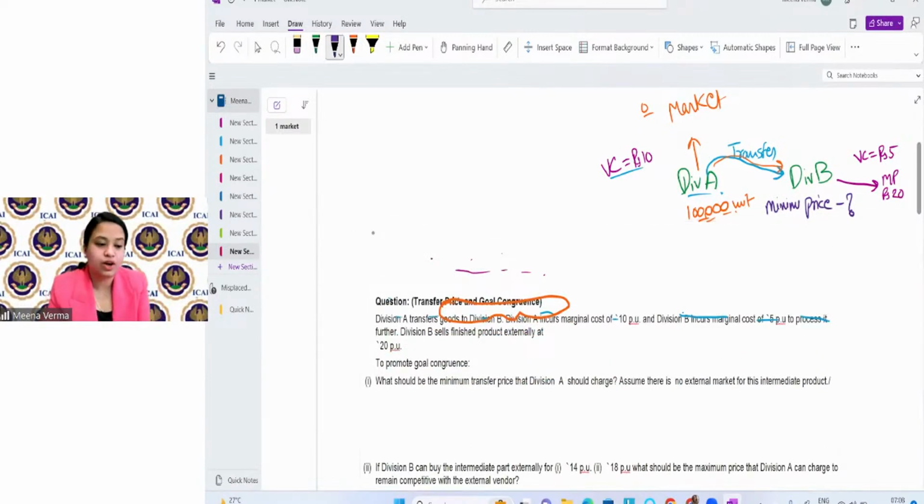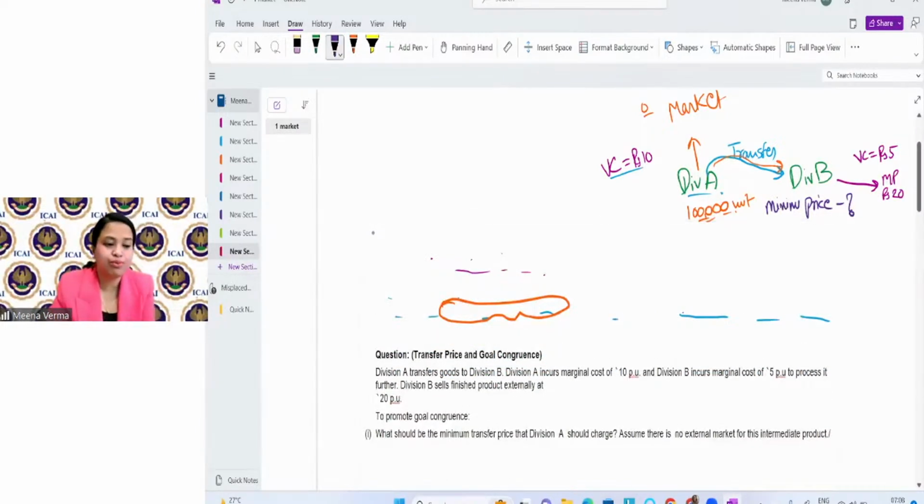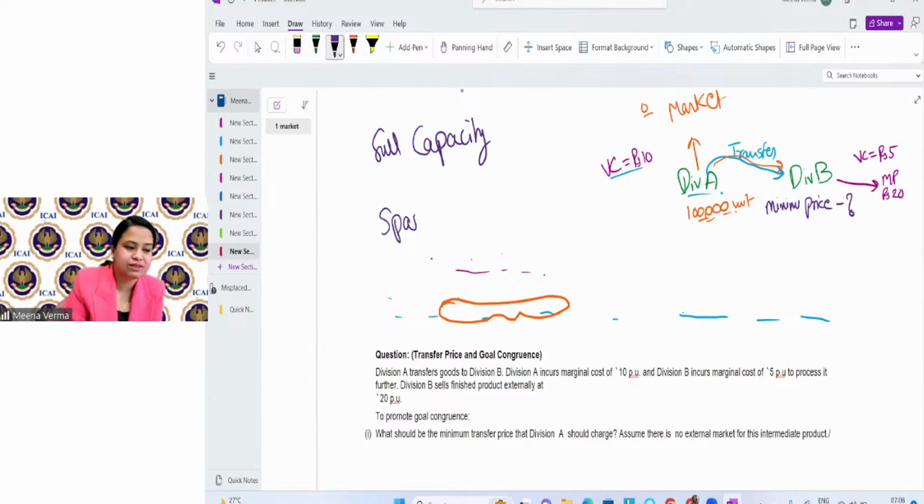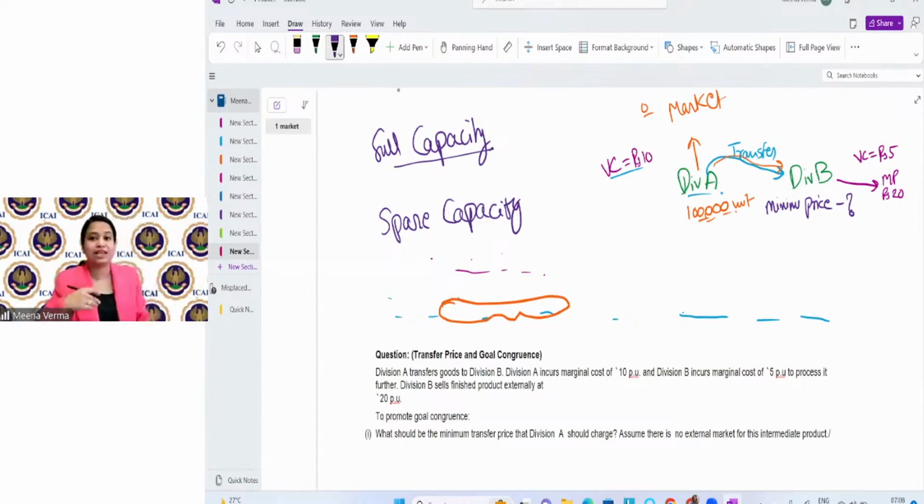Now, if you remember, we learned something in the last session. I told you about when the division is working in full capacity, or when the division is working in spare capacity. Full capacity means whatever you are producing, you are capable of selling all the units in the external market.